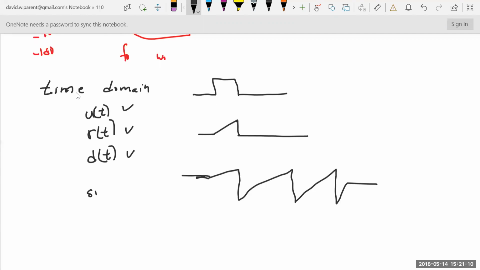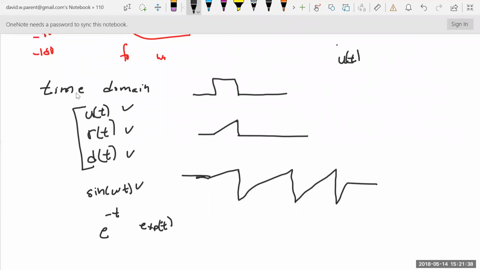Sure, there's sine omega t, and there's e to the minus t, but really we tended to try to break these down into things like this because the integrals are easy, right?